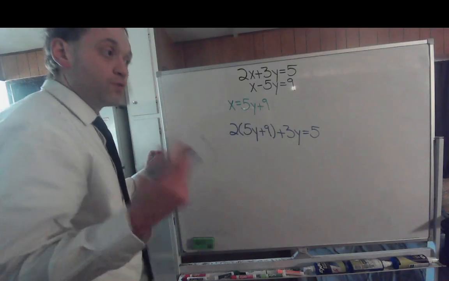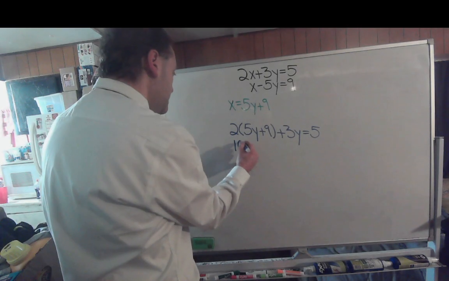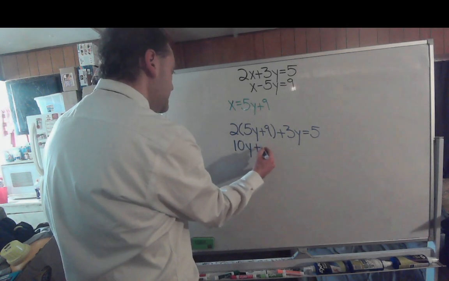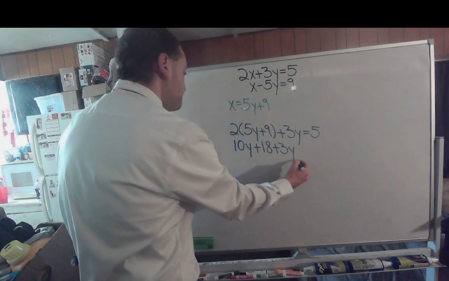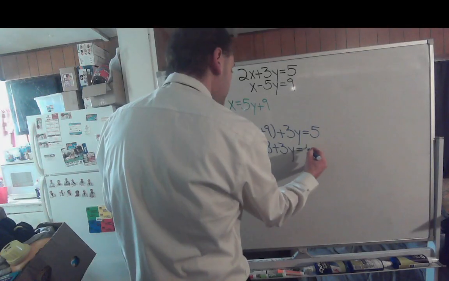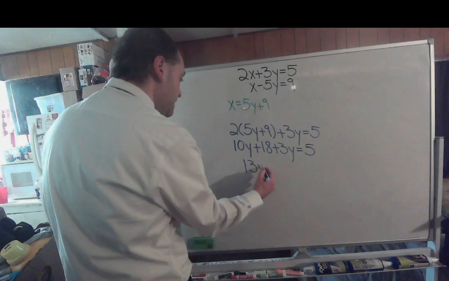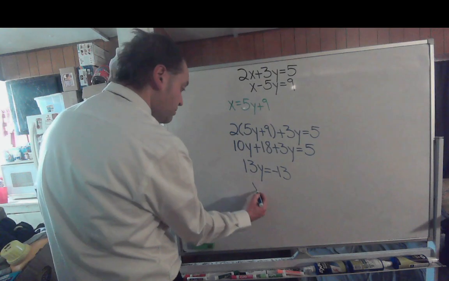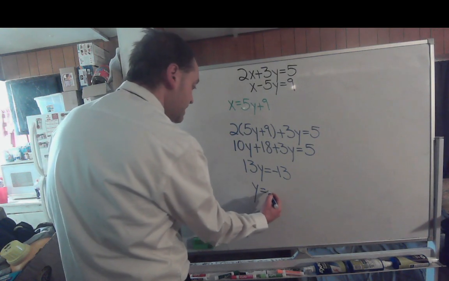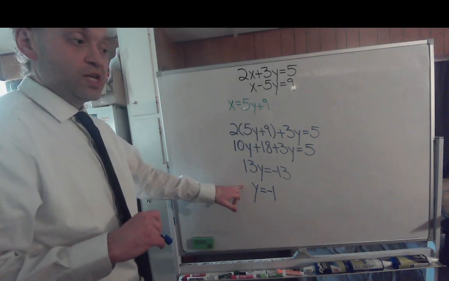We just got to solve for y to start with. So let's distribute this here. You would end up getting 10y plus 18 plus 3y equals 5. If we simplify this, you would get 13y equals negative 13, which would just give you a y value of negative 1. So we found the y coordinate of the solution.